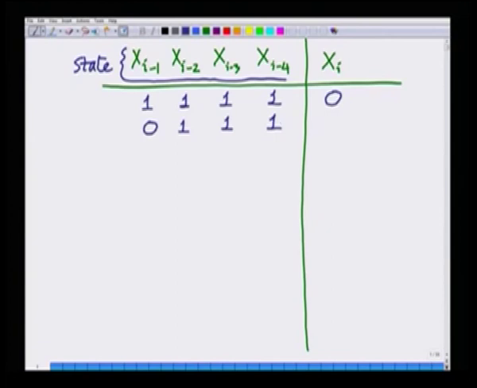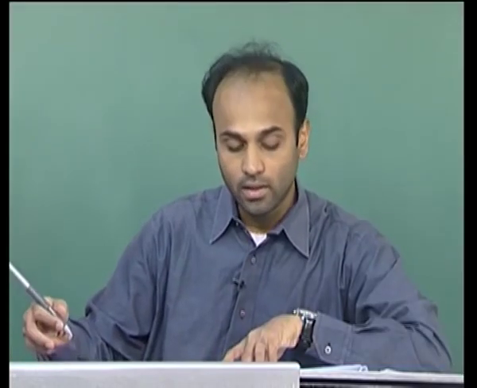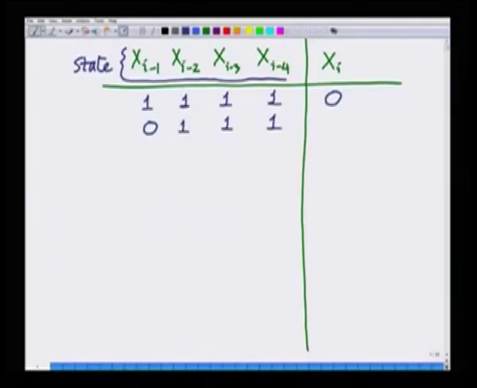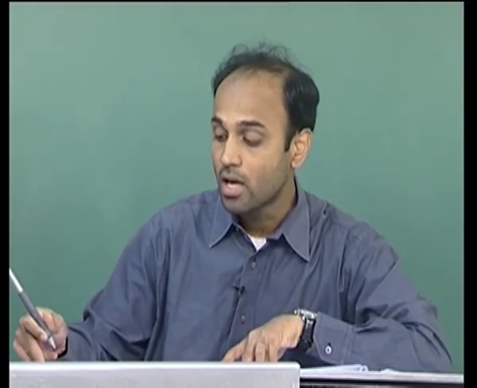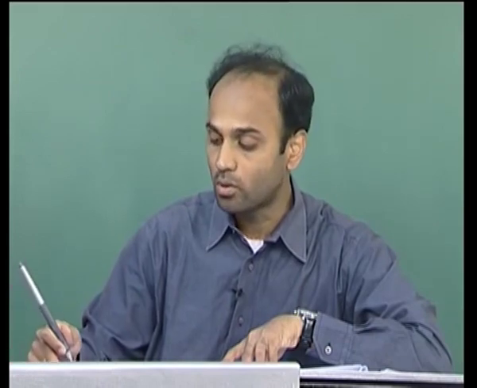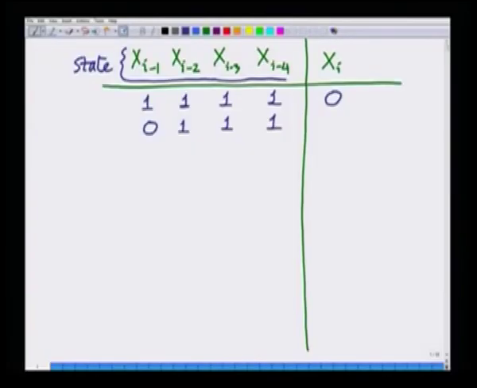So, we started from the state of all ones. The next state is 0, 1, 1, 1. The output in this state is xi minus 4, which is 1, and xi, which corresponds to this state, is xi minus 3 XOR xi minus 4, which is 1 XOR 1, which is again 0.